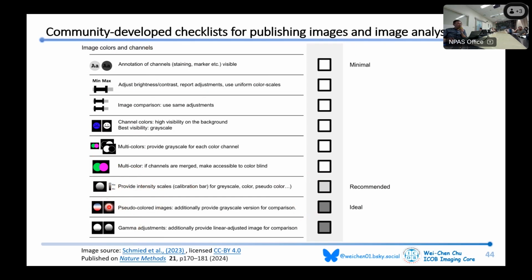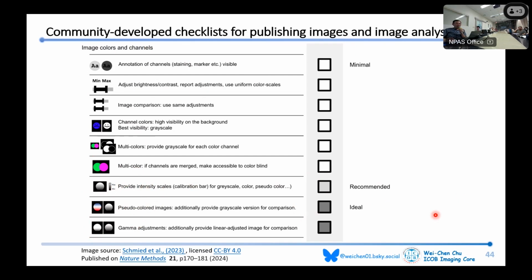And if you use a special lookup table, for example, this original one, or you change the gamma value for better visualization purposes, it's better to put those images side by side.